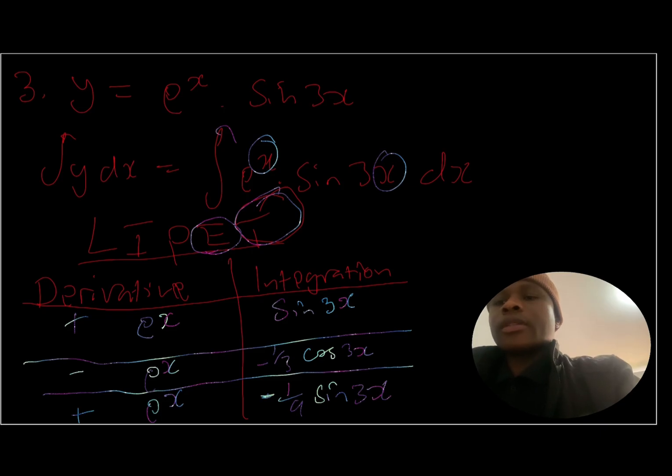That is how we integrate sine 3x. So now that we have derived e to the exponent x twice and integrated sine 3x, we match the column of the derivative. Right now we see that we have meshed. All right.